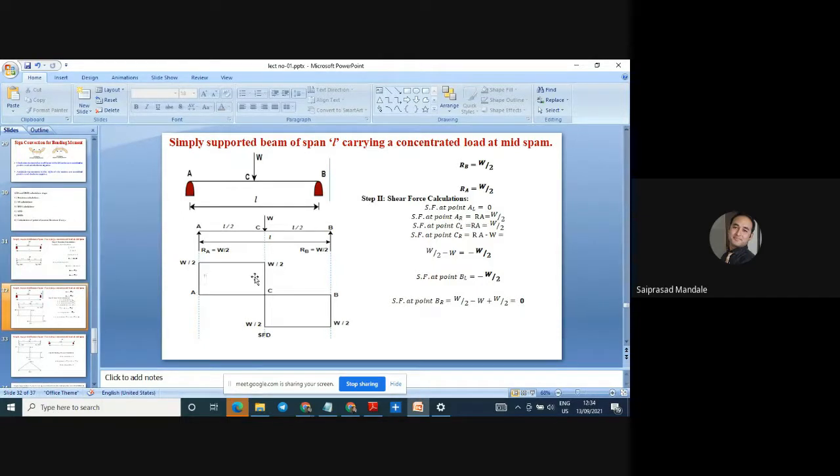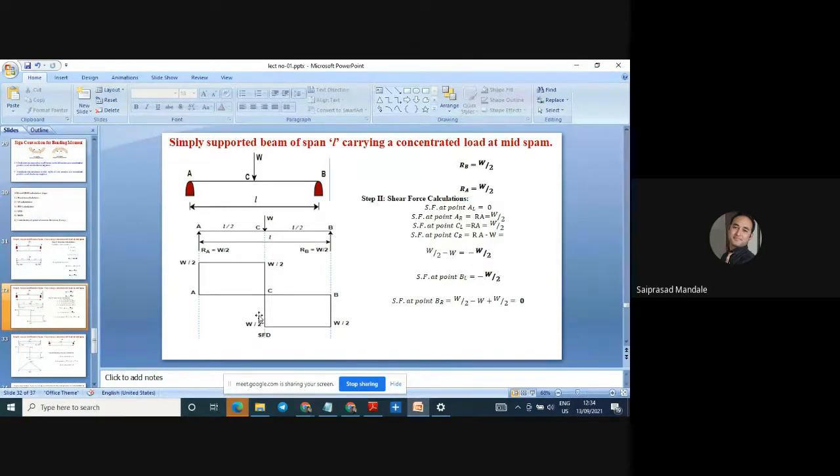For that drawing, there is a table. I'll give you the table for drawing. Right now, I'm not telling you how to draw the shear force and bending moment diagram, because for different loading there are different shapes: a parabolic curve, an inclined line, a vertical line. Different types of lines and curves are there. So right now just focus on the calculation.